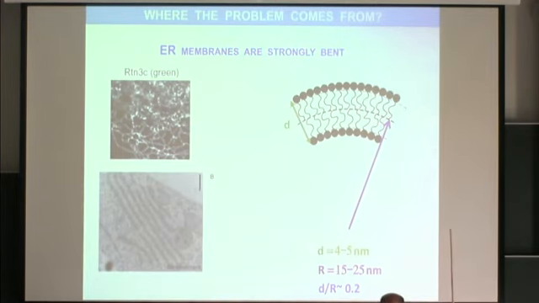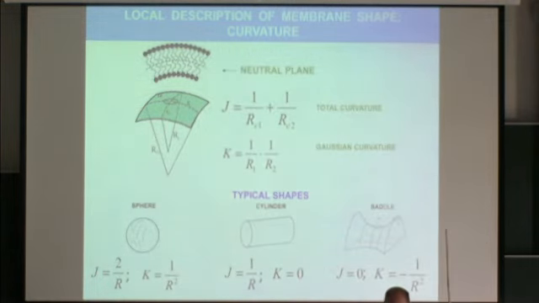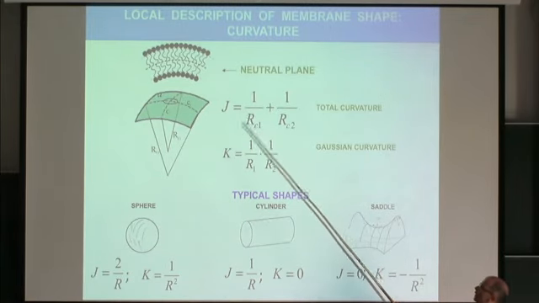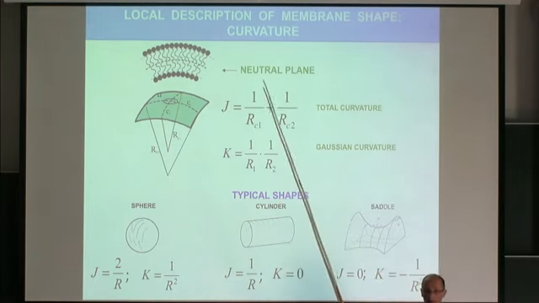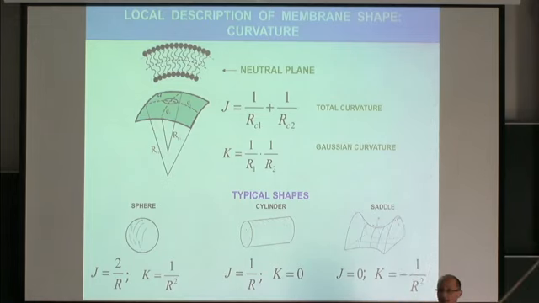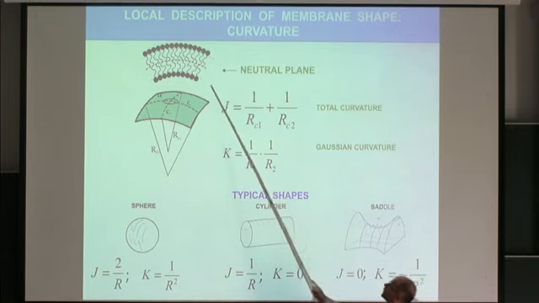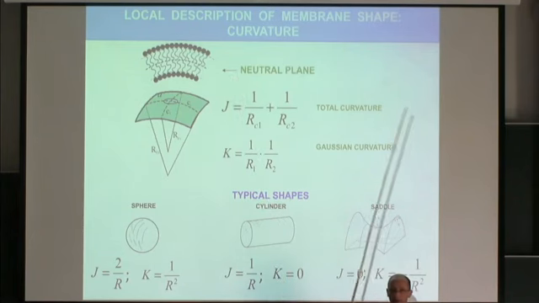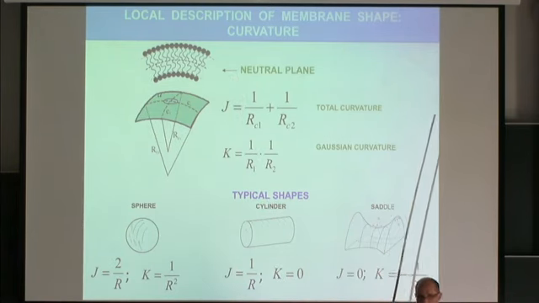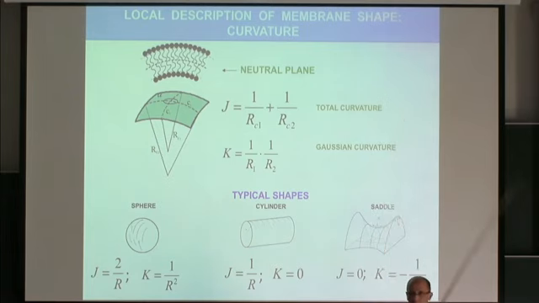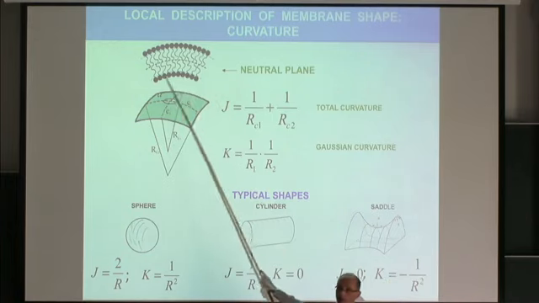I prepared some introduction into curvature, but due to Alain's lectures today, I don't need to do it. I just shortly repeat that in order to describe the membrane in terms of curvatures, first of all, one has to choose a representative plane within the membrane. We did a lot of work on it. It's called the neutral plane, but in short, for a symmetric bilayer, the neutral plane just lies in the middle of the membrane.